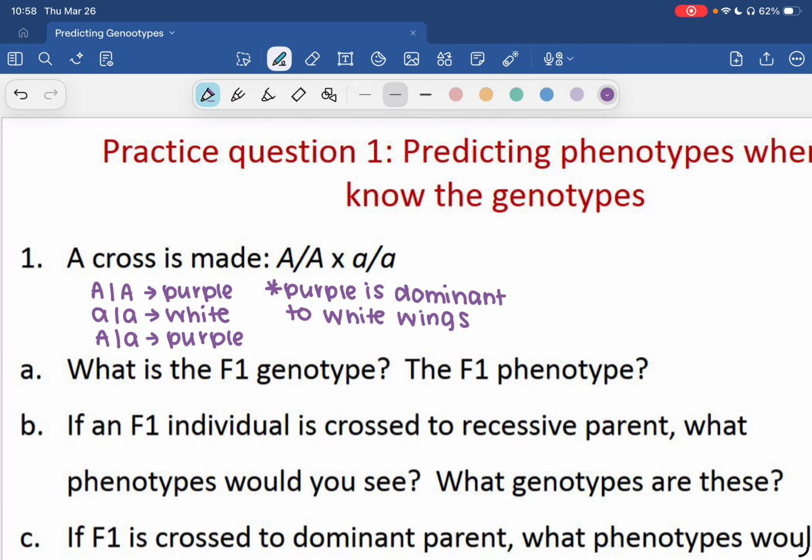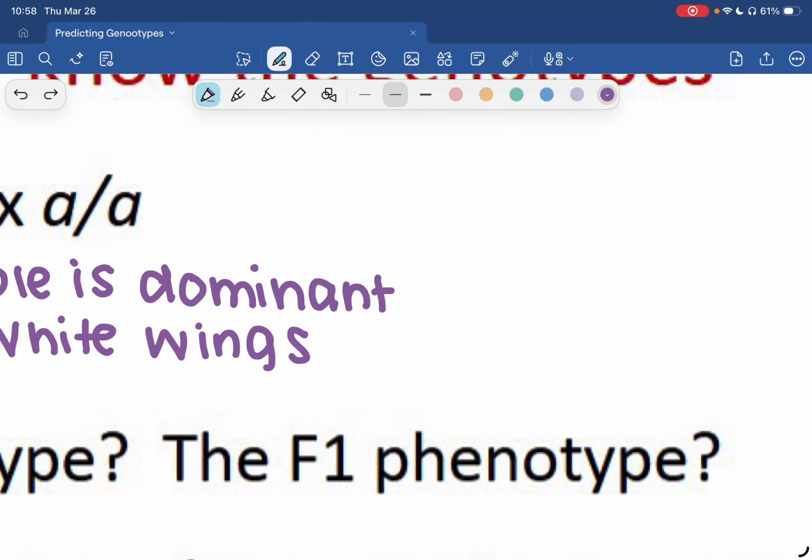So first thing they want you to do is figure out what the F1 genotype is, and what the F1 phenotype is. So remember, F1 is just the product of what you get after you cross the originals. So here's the parentals, your homozygous dominant and your homozygous recessive, and F1 is that product.